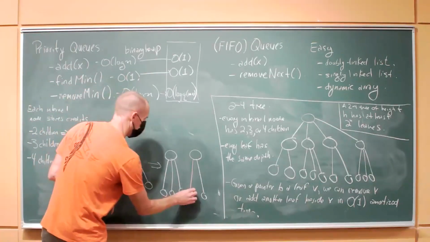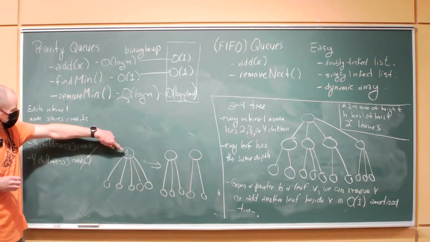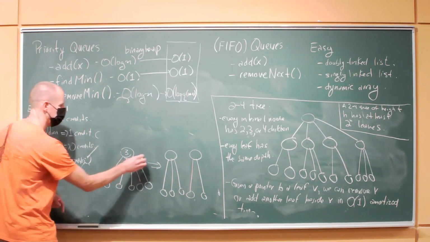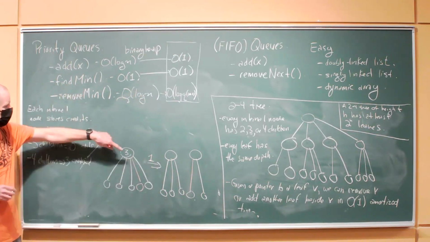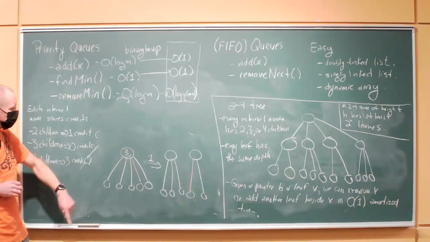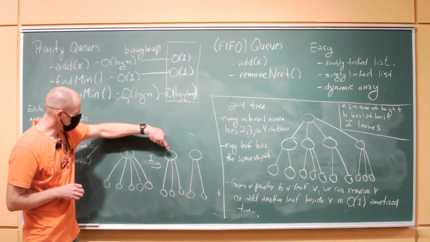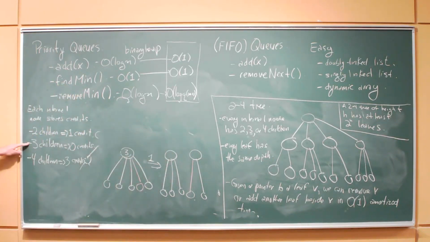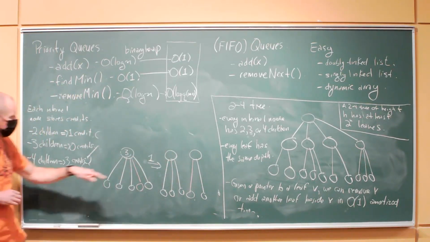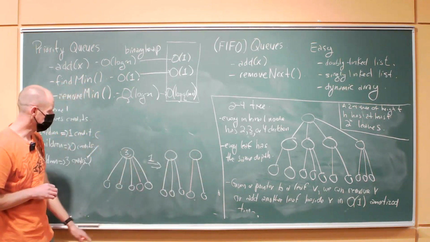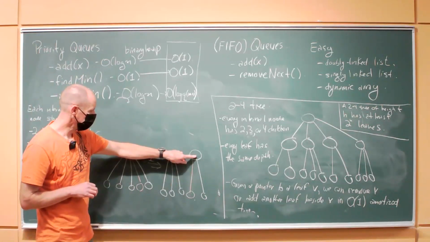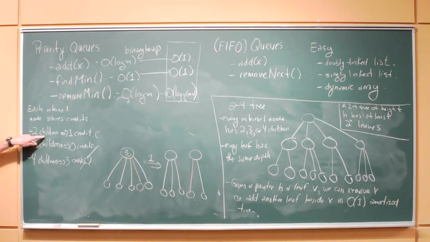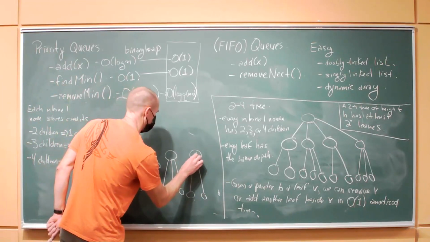So one of the credits here I will use to pay for the split. That still leaves me with 2. The split produces a node with 3 children. 3 children doesn't need any credits, and this needs a credit because it has 2 children. So I put one of the credits here.